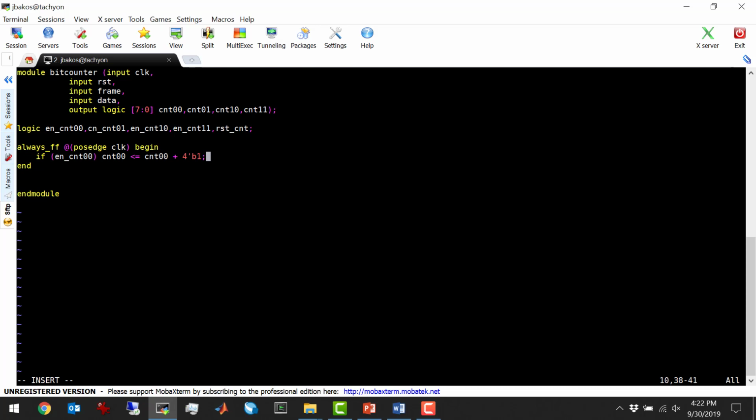Notice also that I used the non-blocking assignment because it's sequential logic. And when I added 1 to this, I specified that the 1 was going to be 4 bits. Oh sorry, that should be 8 bits actually. These are 8-bit counters. The point is that count00 is 8 bits, and what I'm adding is 8 bits as well, so I'm not going to rely on the compiler to figure that out.